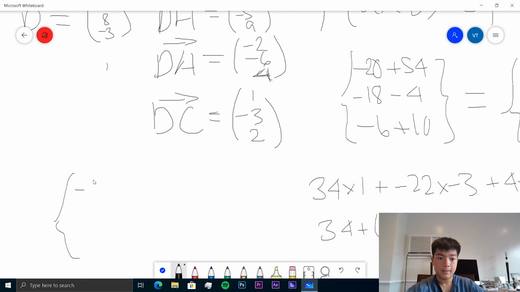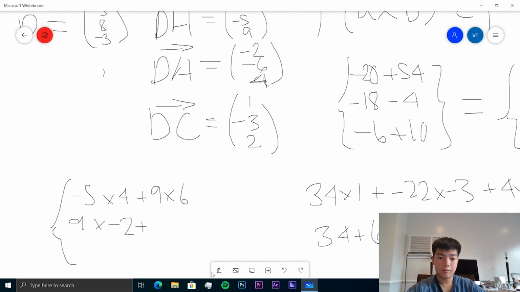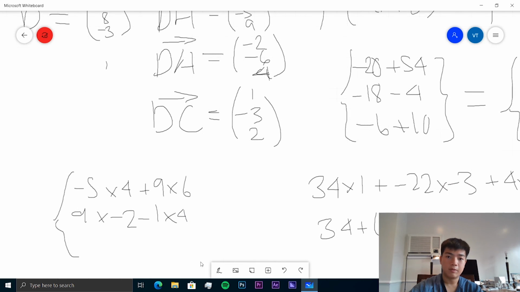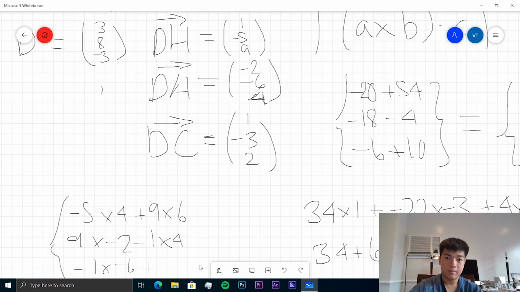Should be negative 5 times 4 plus 9 times 6. This should be 9 times negative 2 plus 1 minus 1 times 4. And this should be 1 times negative 6 minus 5.